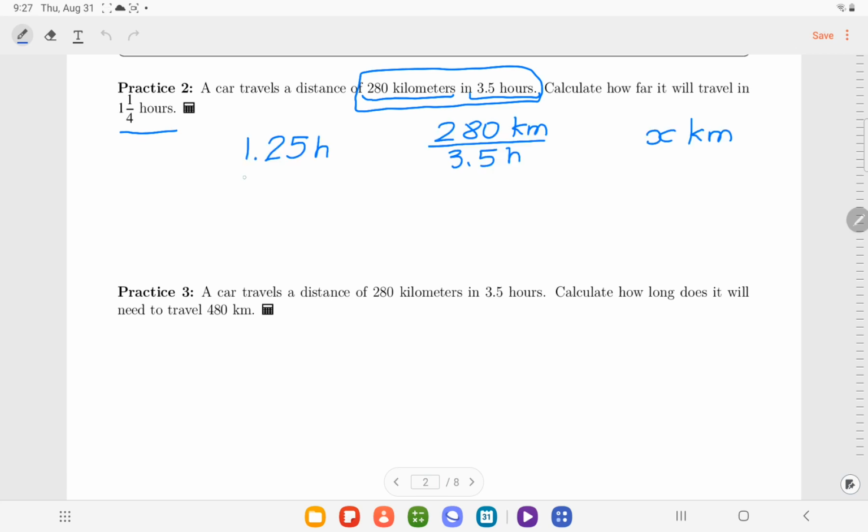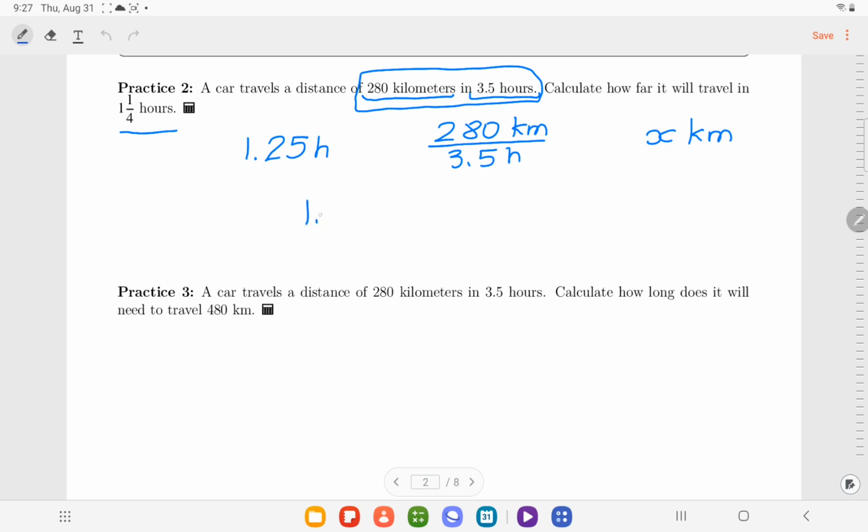We are given the time of travel, 1 hour and a quarter, so 1.25 hours. We are given the rate, how fast he's traveling. He travels 280 kilometers in 3.5 hours. And we need to find the distance traveled, how many kilometers.